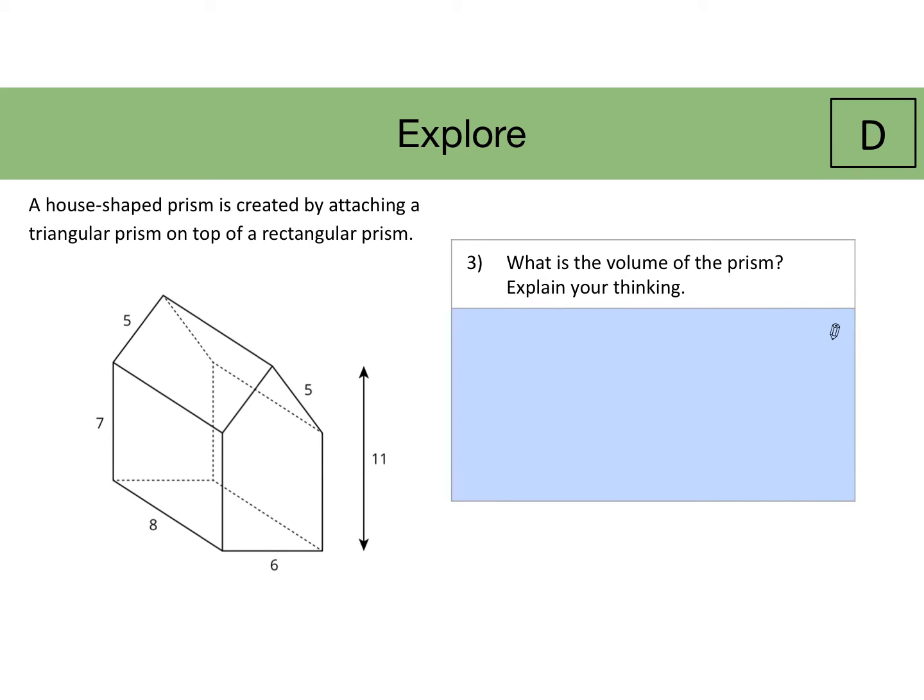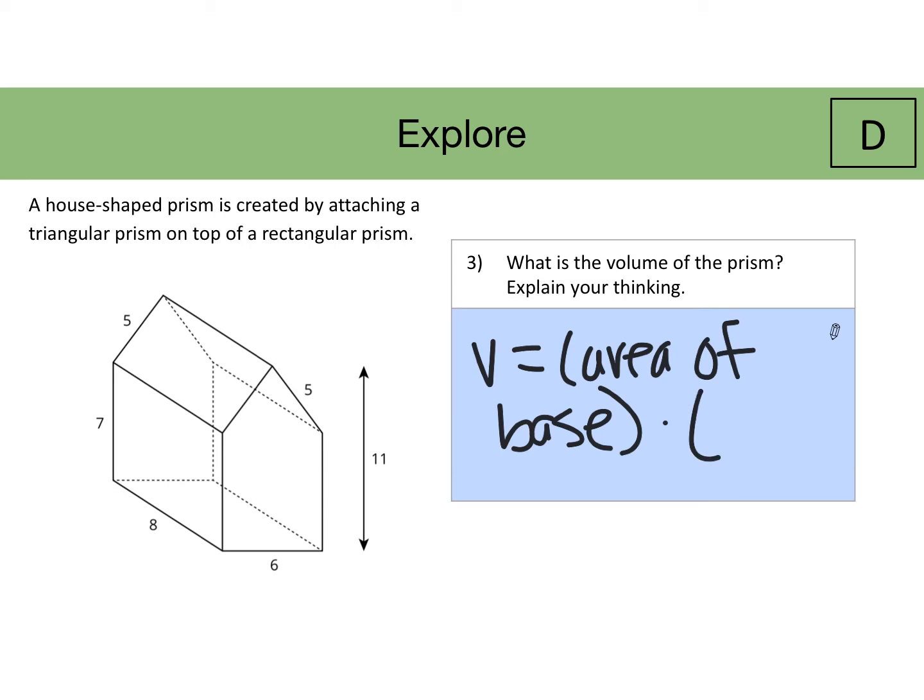Lastly, students are asked, what is the volume of the prism? And now that we know what the area of the base is, all we have to do is multiply by the height of the prism. So we're using the formula volume is equal to area of the base times height of the prism.